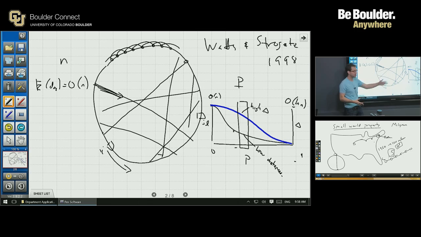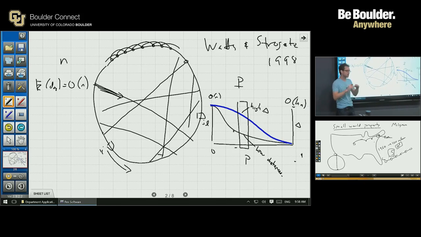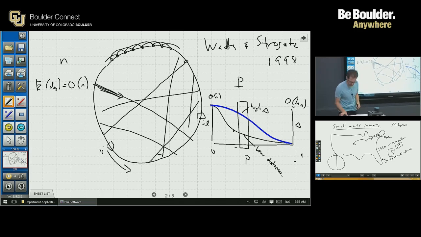Some paths occur much more frequently inside the shortest path between a pair of vertices. If you make things really random out here, then essentially all the paths are distributed equally across the network. But in this intermediate state, this disorganized state, you have these shortcuts, and those shortcuts are very popular for connecting vertices.